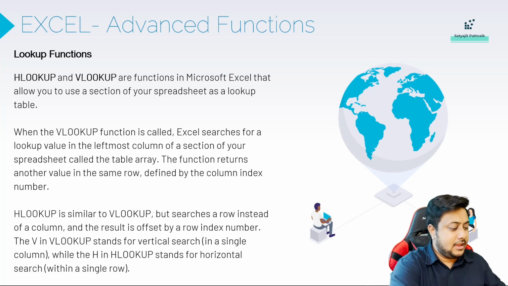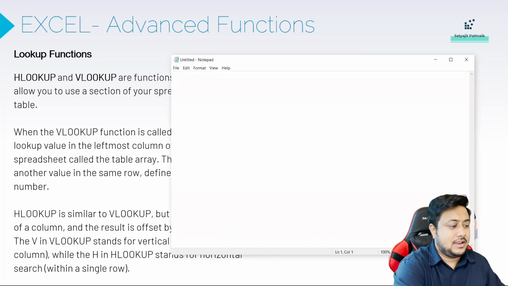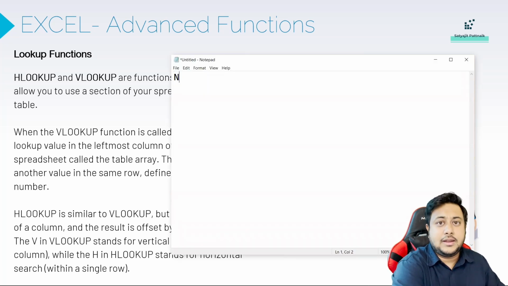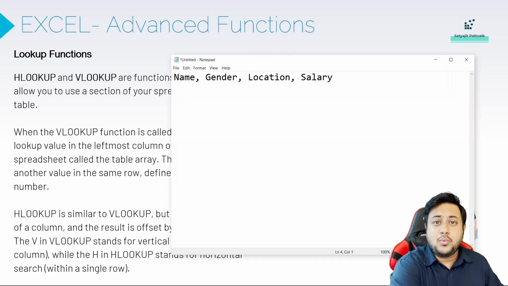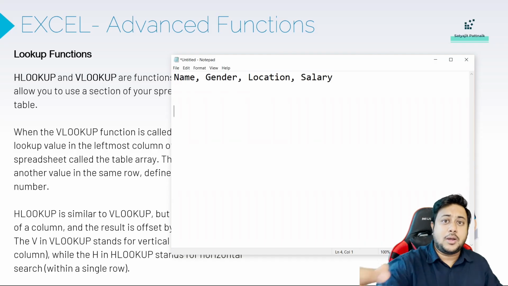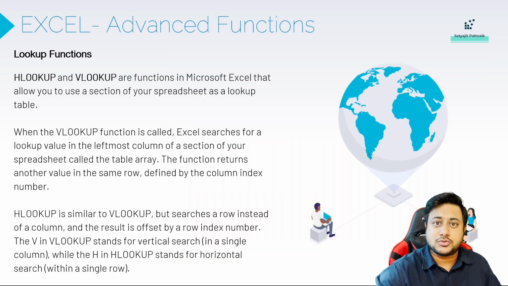For an example, let's say we talk about customer details. Let's say we have name, gender, location, and total salary. If you want to find the total salary for Mr. X or Mr. Y, you want to look up that table and then find the values, right?